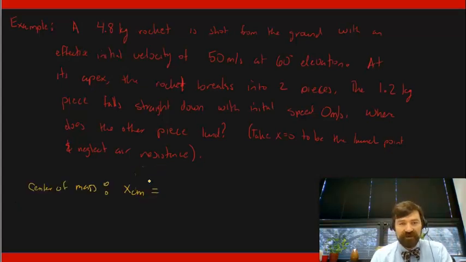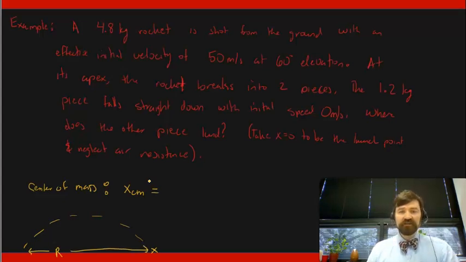For the center of mass, if we were to draw this thing out, we again have a motion like this. And so the center of mass would land somewhere over here. This is how we defined the range when we did the range equation. The lighter piece, by the way, falls straight down and therefore is going to fall half of the range away from your launch point.